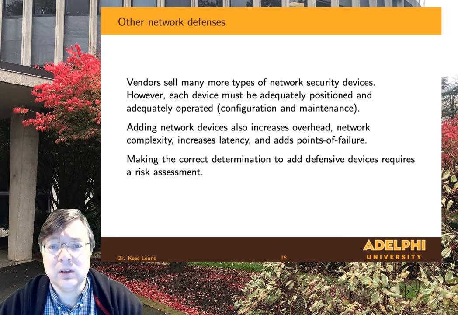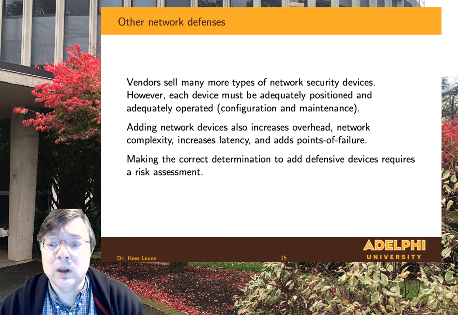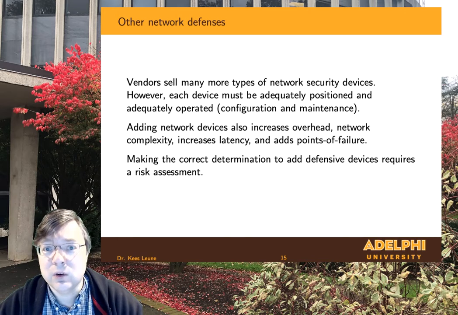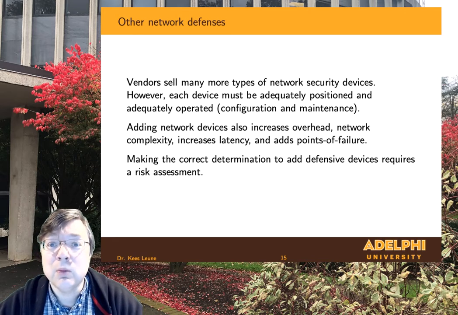You're adding complexity, you have the potential that you're increasing latency, and you're adding points of failure. And remember, all the way in the beginning, we said minimize your attack surface. So you're potentially opening up more vulnerabilities on your network by introducing newer devices. And at that point, you have to really make the determination, is adding more controls worth it to me?